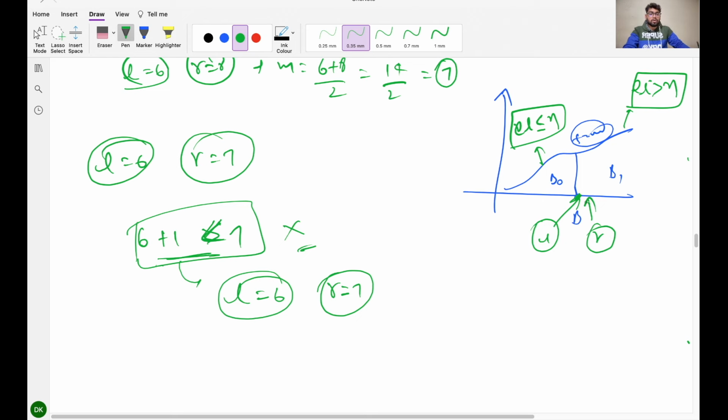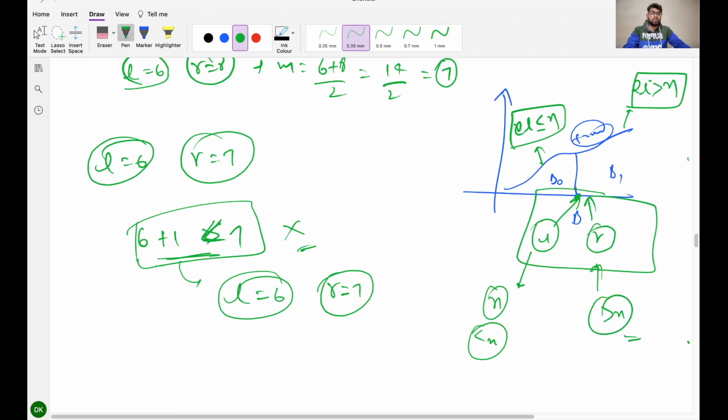Okay, so by observing this, L is what? L is the index including X or less than X, and R is at an index which is always greater than X. So we have two boundaries separating the B0 region and the B1 region, and R is the lowest index and L is the highest index.